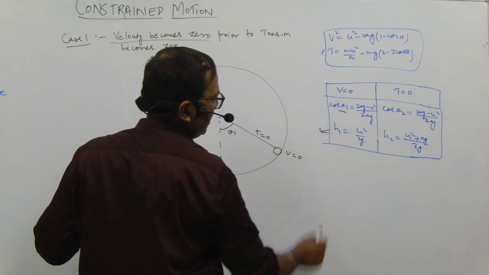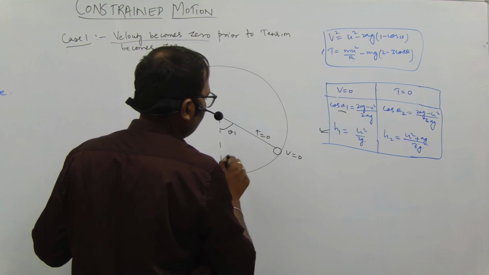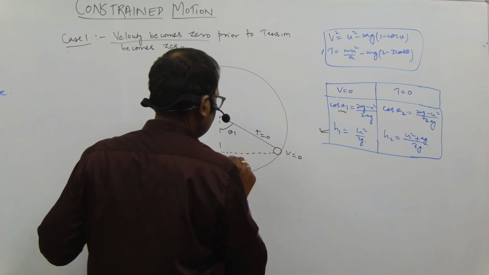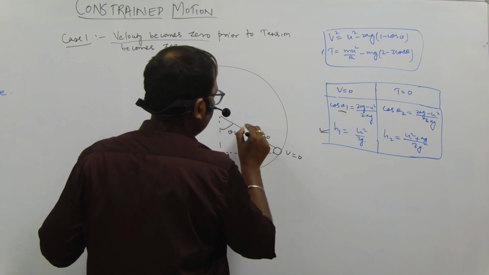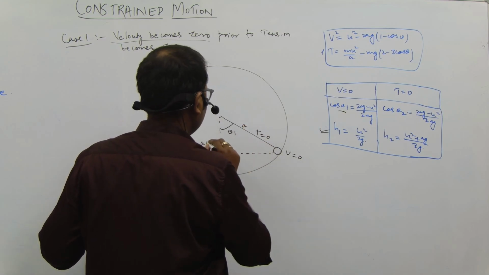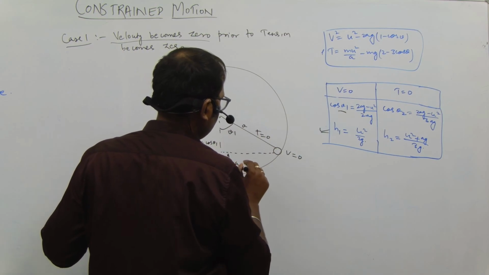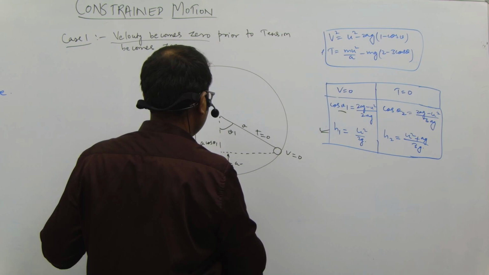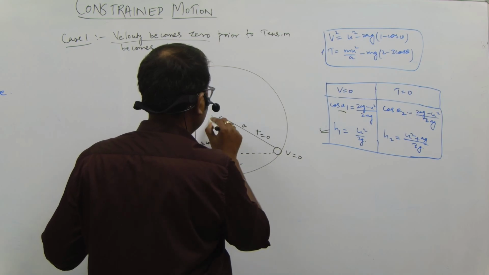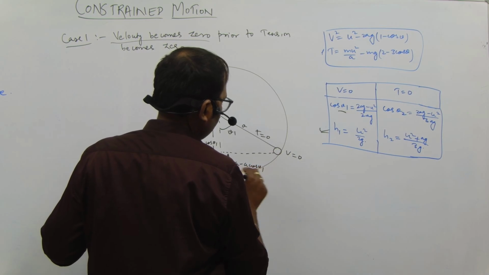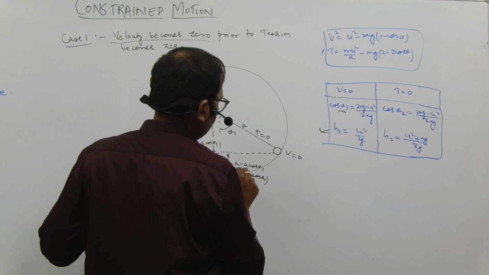This h1 is the height from the bottommost point where the velocity becomes 0. So this is a, and this is a cos theta 1. So h1 is equal to a minus a cos theta 1, which is equal to a times 1 minus cos theta 1.